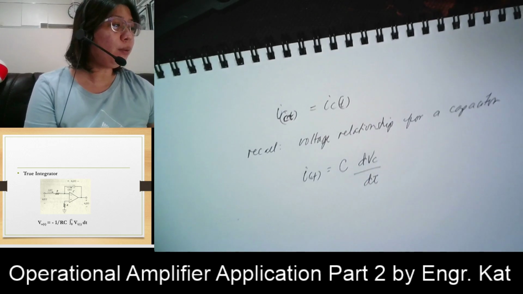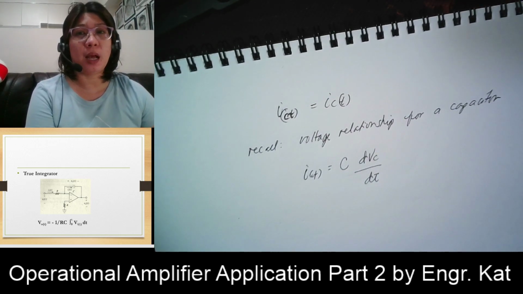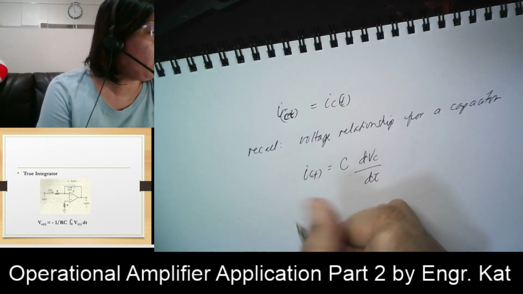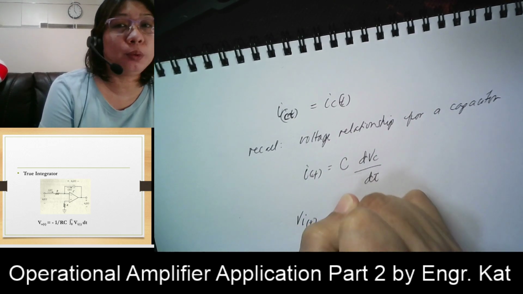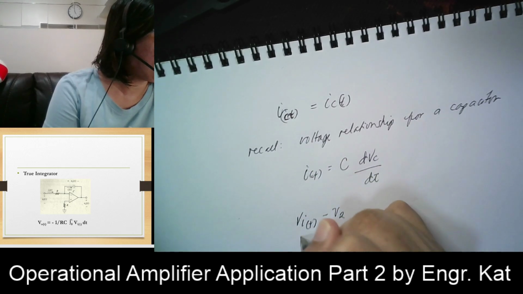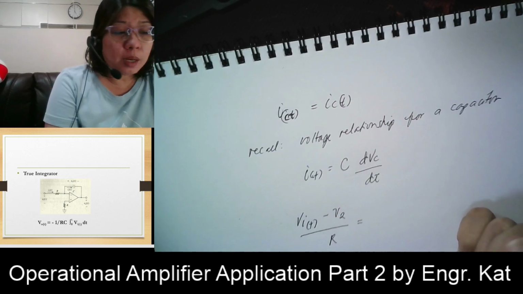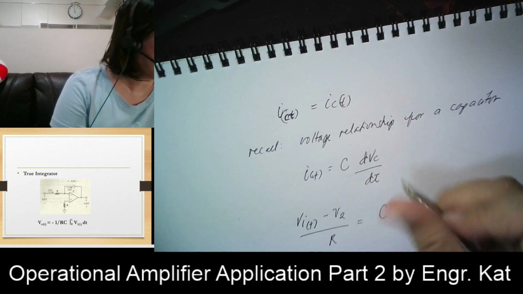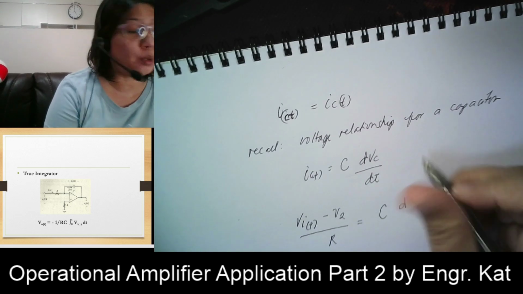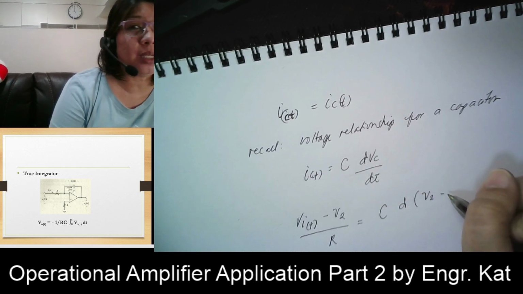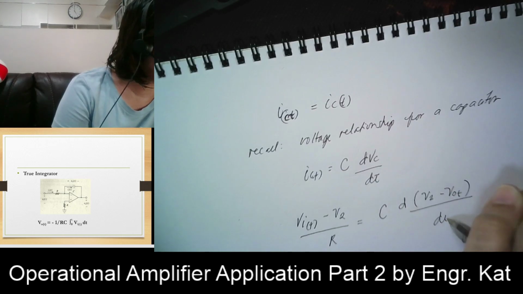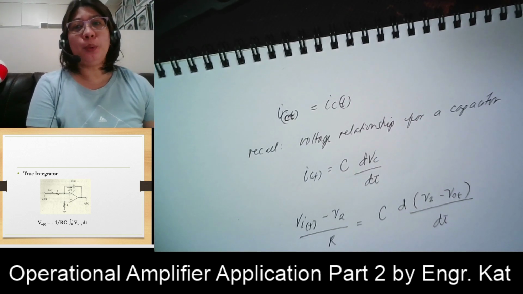Getting now the values for your input and output current, which happen to be equal, by nodal analysis we know that VI, the input voltage, minus, at point 2, let us call that V2, divided by R is equal to the capacitance multiplied by the derivative of V2 minus VOUT, since it is connected at our output, with respect to dt.